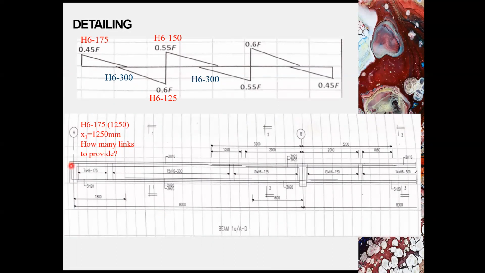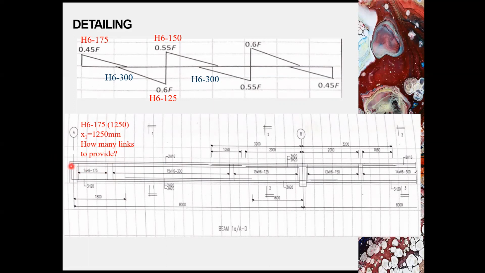If you can see from the elevation of the beam 1A, A to D, the links are detailed in such. This is the shear link, nominal link, and shear link for the right and left support B.